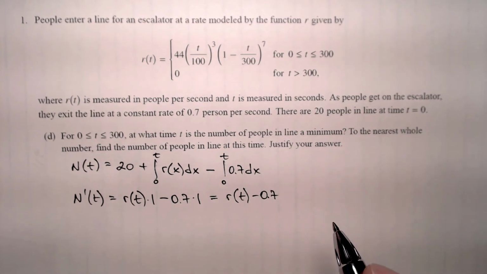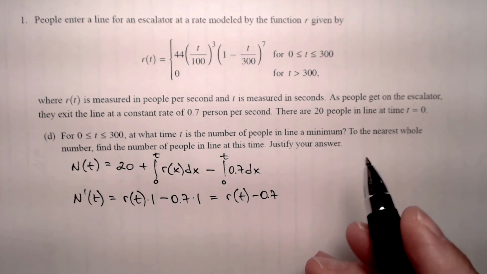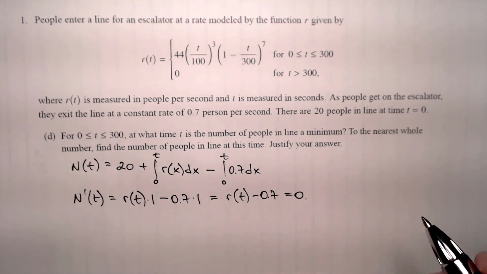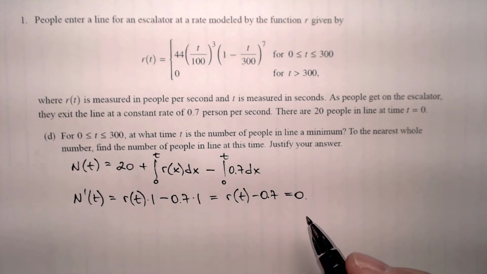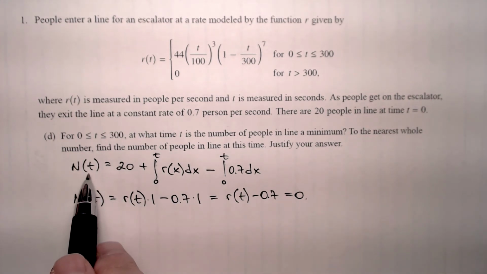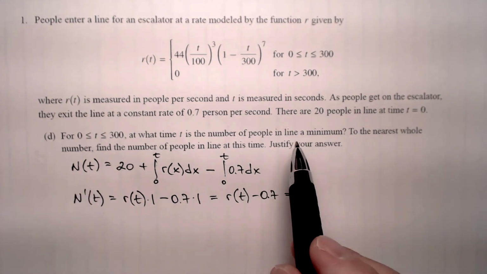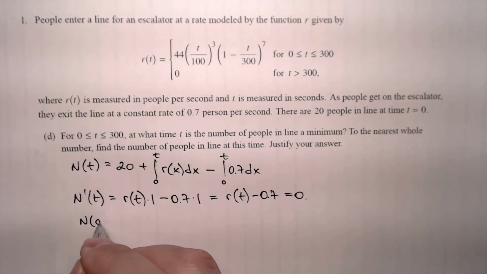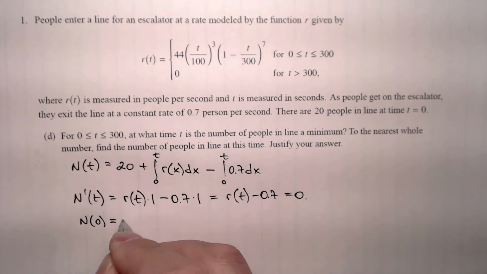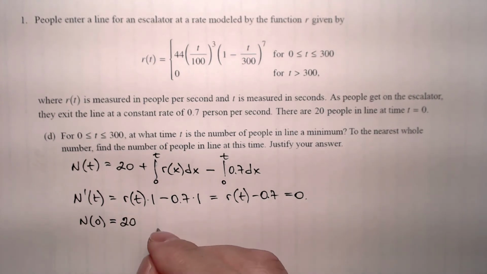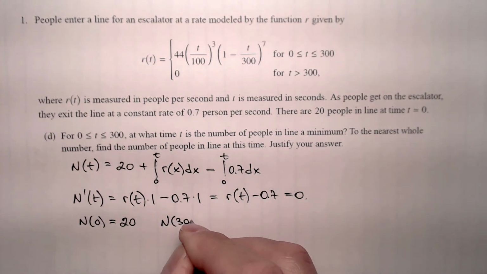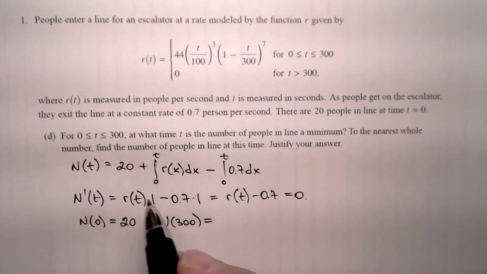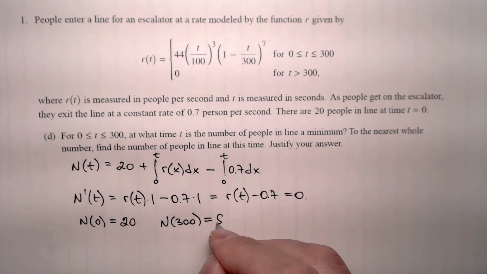And so we need to find the minimum or maximum, we need to find such t that this is equal to 0, and then compare the values of N at those points t with the endpoints. We need to compare with N of 0, which we know is 20, and N of 300, which we calculated in the prior question, which is 80.